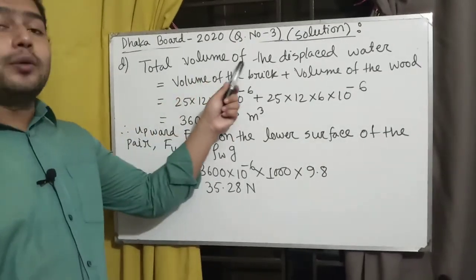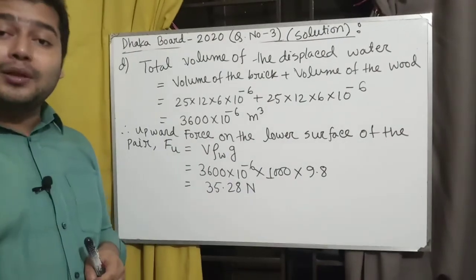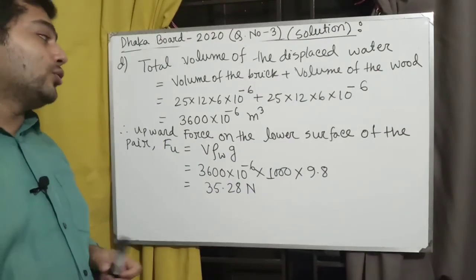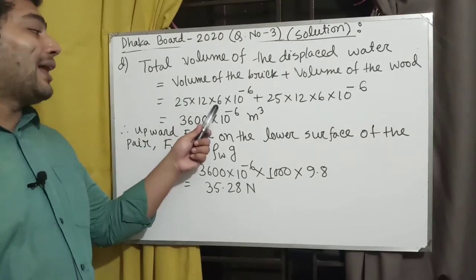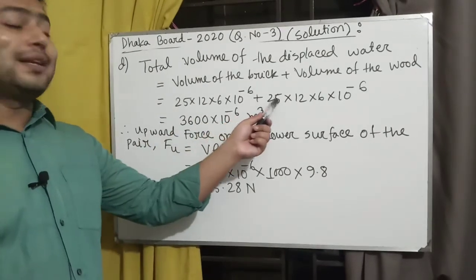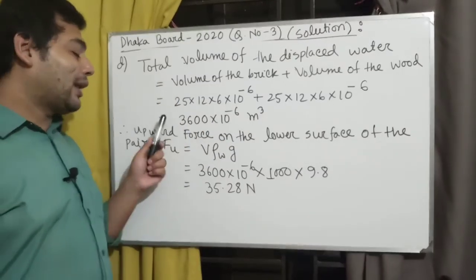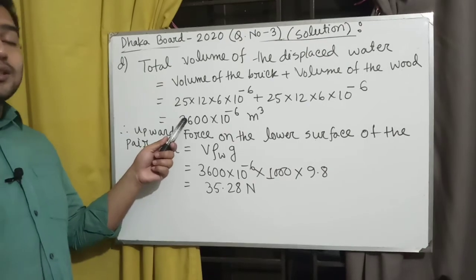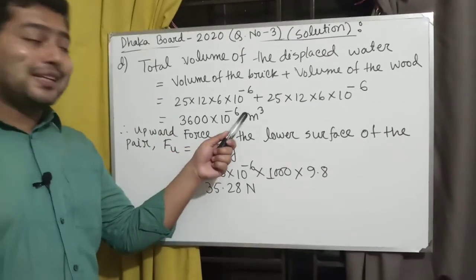The total volume of the displaced water equal to volume of the brick and volume of the wood. So here length, breadth and height plus length, breadth and height, same size. Calculating, we get 3600 into 10 to the power minus 6 meter cube.